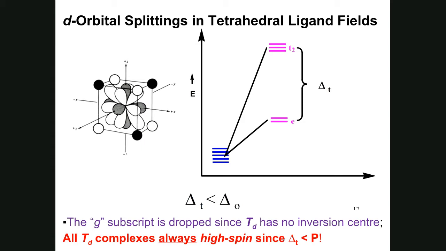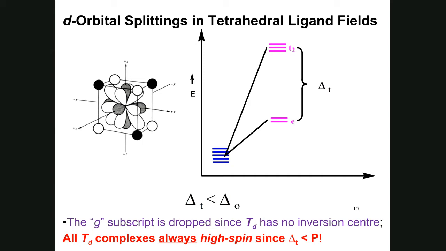So what we're seeing is that in a tetrahedron, the ligands approach in between the axes rather than along the axis. And as they bond to the metal through those directions, they interact significantly with those d-orbitals that are not aligned with the axis. And we have said that those are the dxy, the dxz, and the dyz. Those are actually the orbitals pointing into the spaces between the Cartesian axes, and those constitute what we call the T2G set.